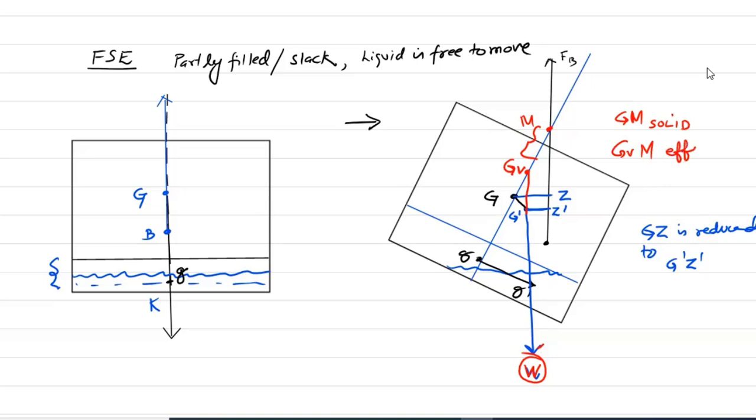This is your effective GM. Since your GZ is reduced, your GM will also reduce. A big triangle became a smaller triangle, so this also reduced. Clear?